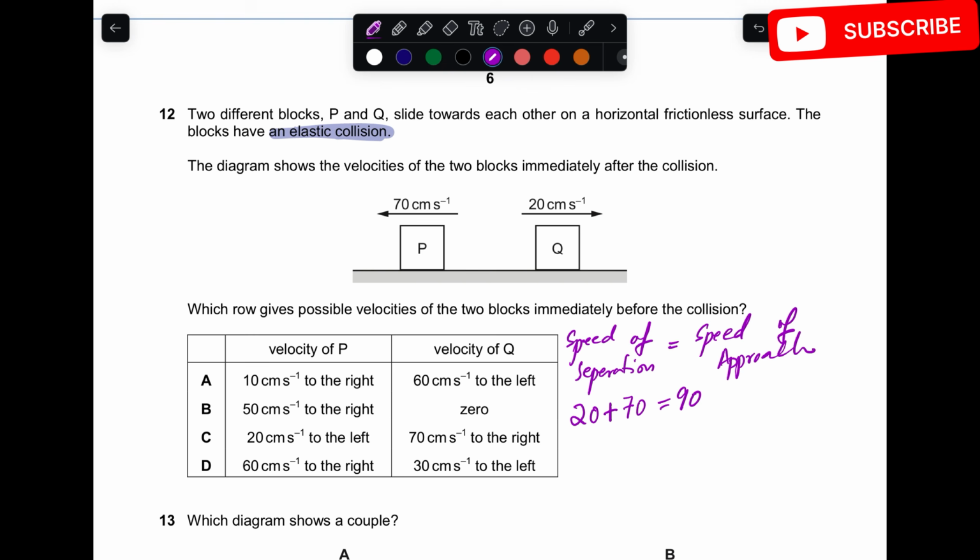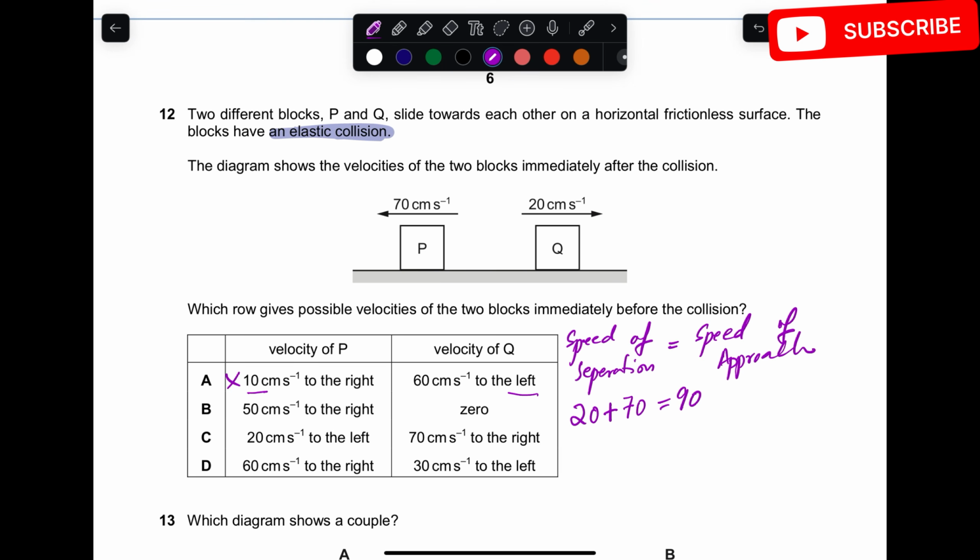And if you see which one will give us 90, 10 to the right, 60 to the left, it will give us 70, so it's not true.